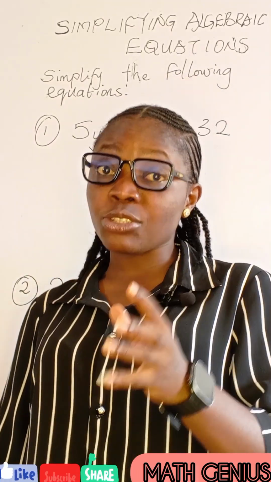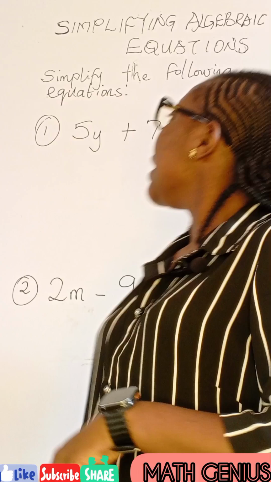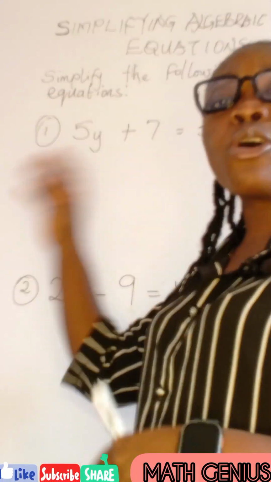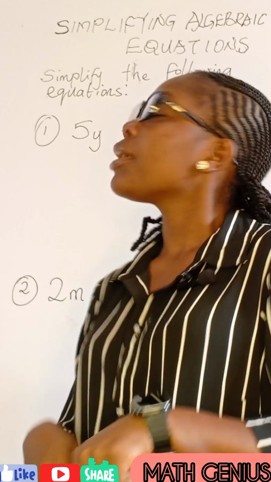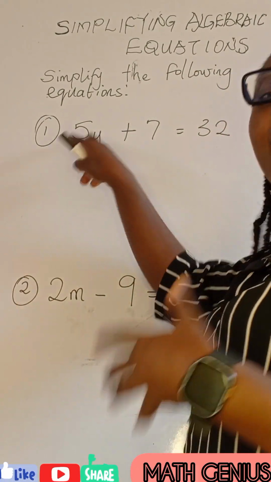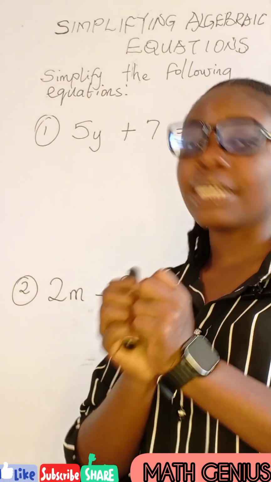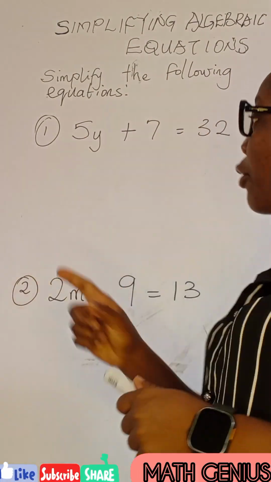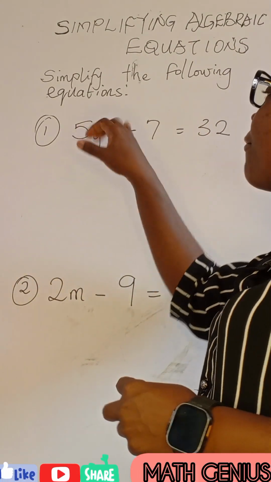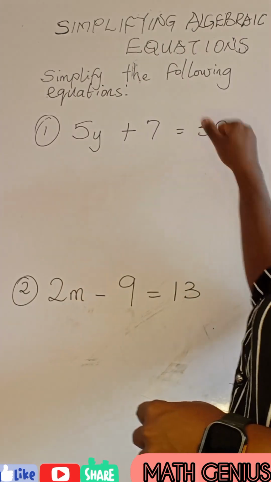Now, when you are simplifying an algebraic equation, the thing you need to consider, and first of all place your focus on, is the number close to the algebraic term. Now, an algebraic term is a number and a letter joined together. So the number close to the algebraic term is going to be our focus. For example one, we have 5y plus 7 equals 32.